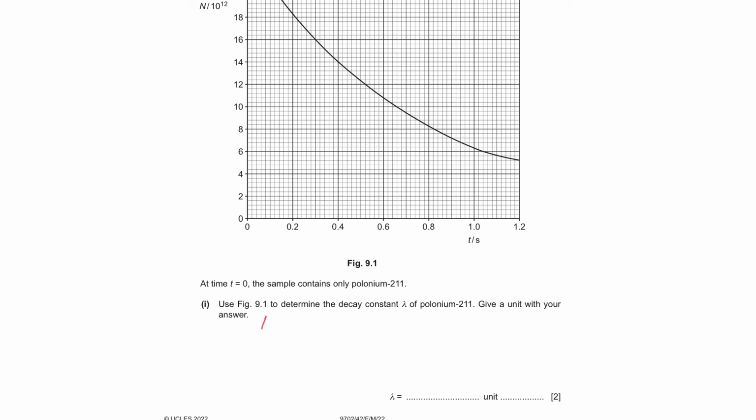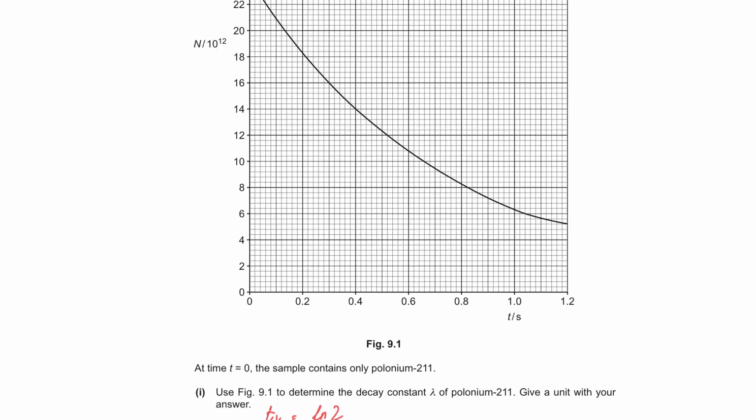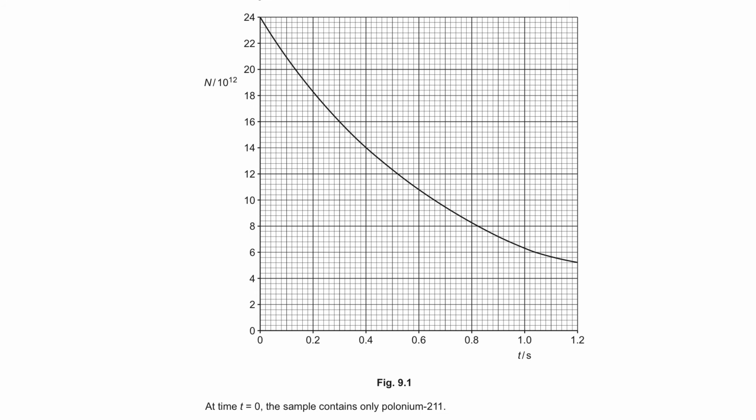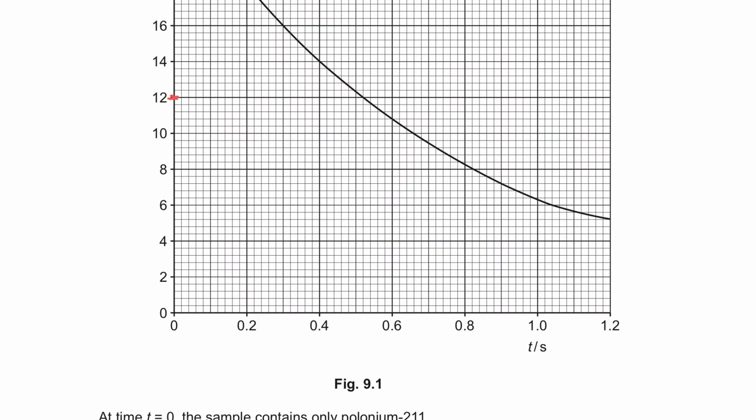We know that half-life T half is equal to ln2 over lambda. Now, polonium started off with 24 into 10 to the power 12. After one half-life, we'll be left with 12 into 10 to the power 12 number of unstable nuclei. And the time it takes for one half-life can be read from this graph.